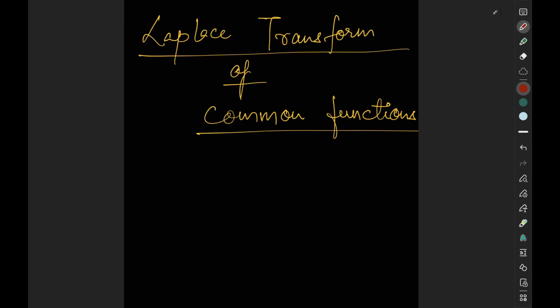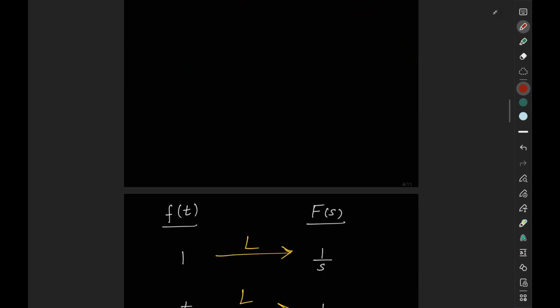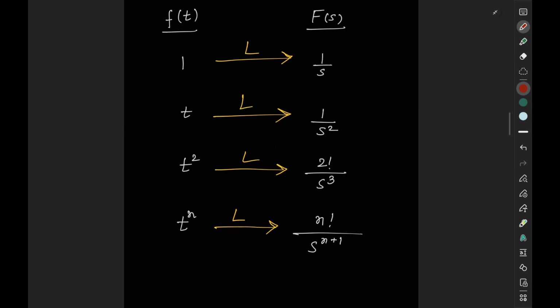Now let's see the Laplace transforms for some common functions. These are very important in solving problems of Laplace transforms. For the function f(t) equals 1, the Laplace transform will be 1 upon s, as we just saw. The Laplace transform of f(t) equals t will become 1 upon s square.